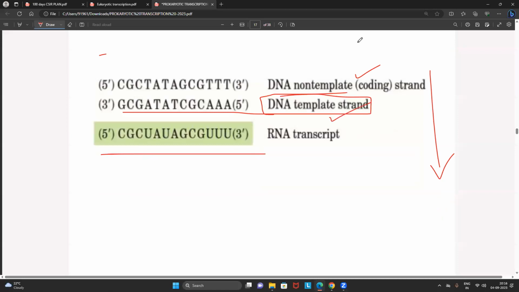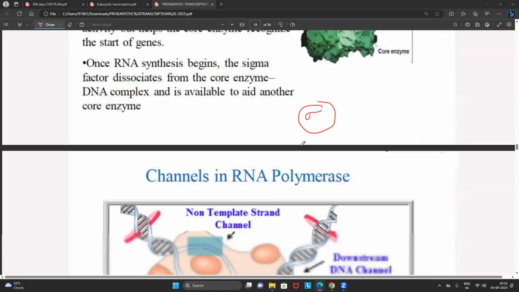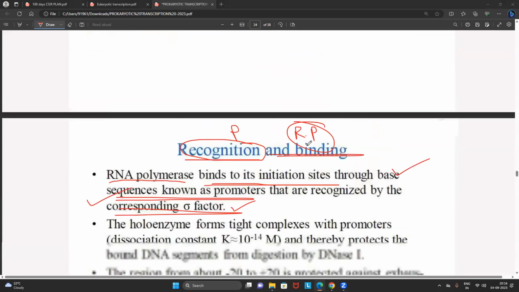We require only one strand, that is the template strand. Never ever get confused with that particular point. Okay, you understand that very correctly.